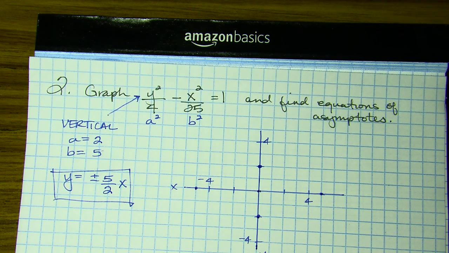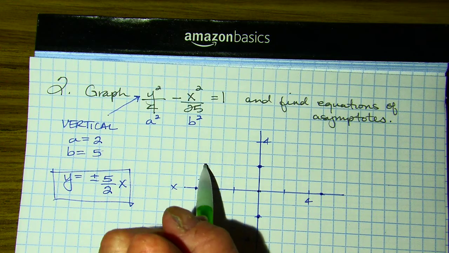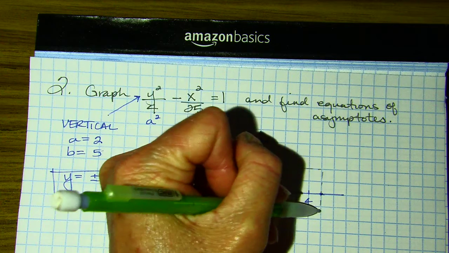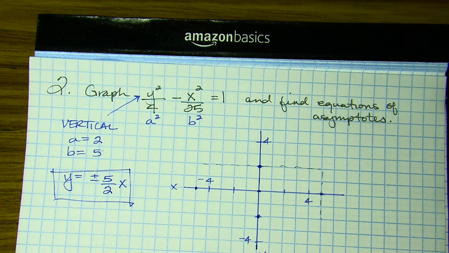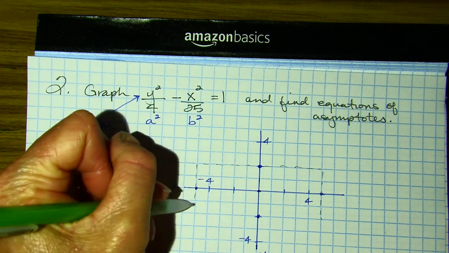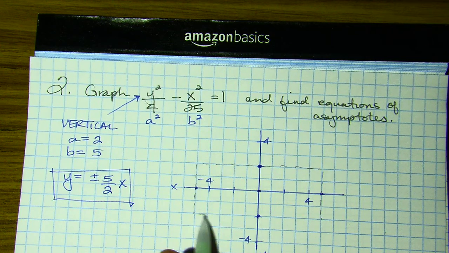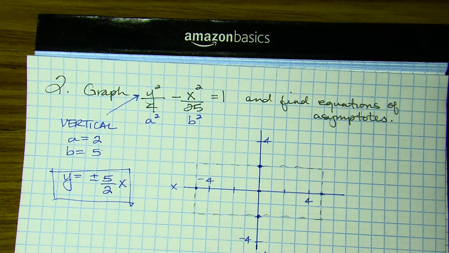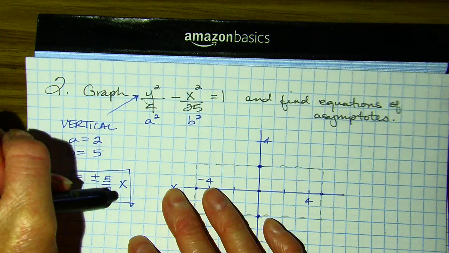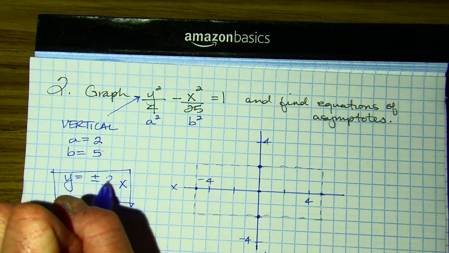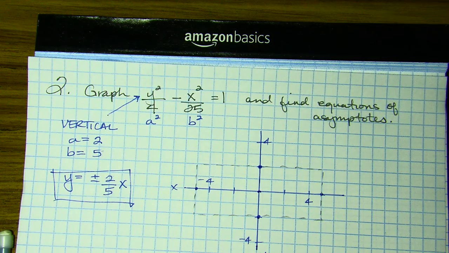And so these 4 points form my rectangle. Now this is wrong. My asymptotes are 2 over 5. It should be the dimensions of my box.